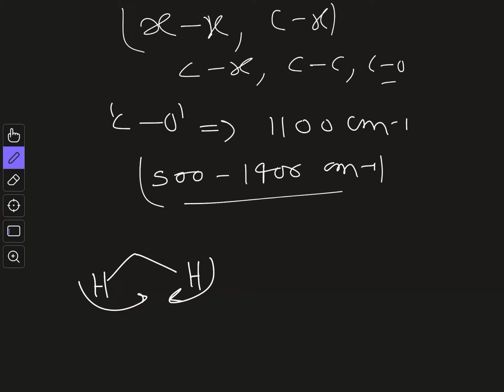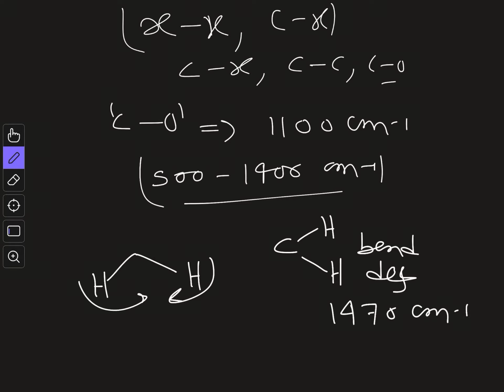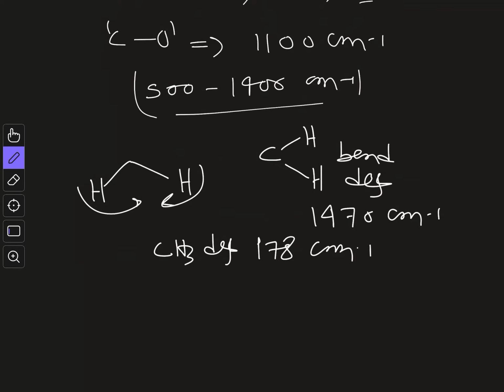These values come at around, for example, for the CH2 group, the CH2 bend or deformation, which we can also show by DEF, it comes at around 1470 centimeter inverse. The CH3 def comes at around 1780 centimeter inverse, and NH2 def comes at around 1550 to 1650 centimeter inverse.